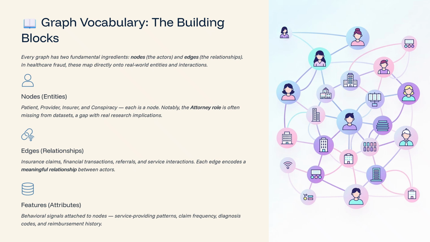And then there is a third element that makes graphs truly powerful for machine learning: features, or attributes. These are behavioral signals attached to our nodes. Things like how frequently a provider submits claims, what diagnosis codes they favor, or a patient's reimbursement history. Nodes, edges, and features. These are the building blocks. Keep these in mind as we move forward.